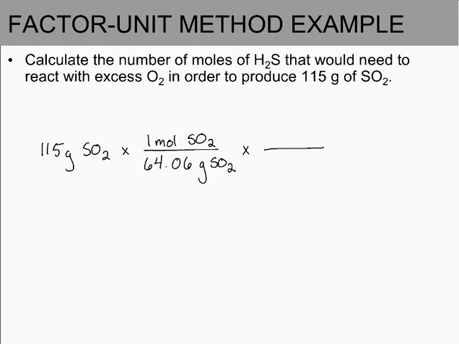Now in the second step, we're going to convert moles of SO2 to moles of H2S. And remember there was a 2 to 2 ratio. Now we want moles of H2S, so we'll put that in the numerator. And in the denominator, we'll put 2 moles of SO2.